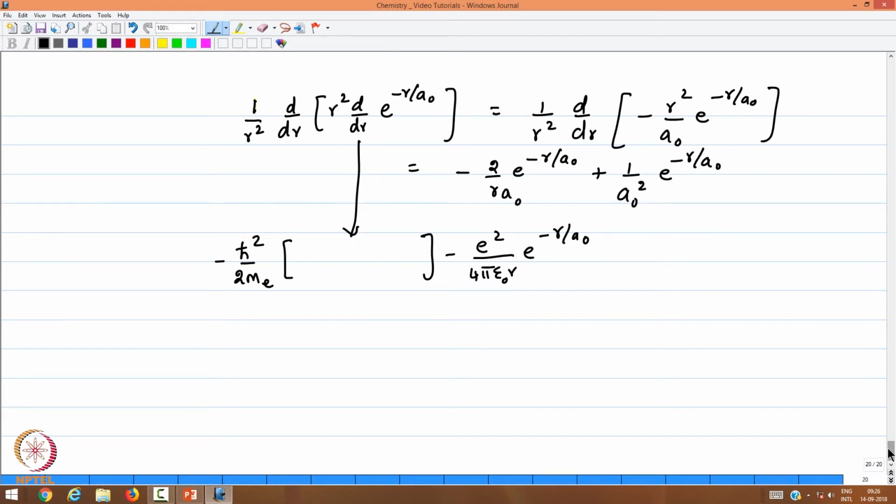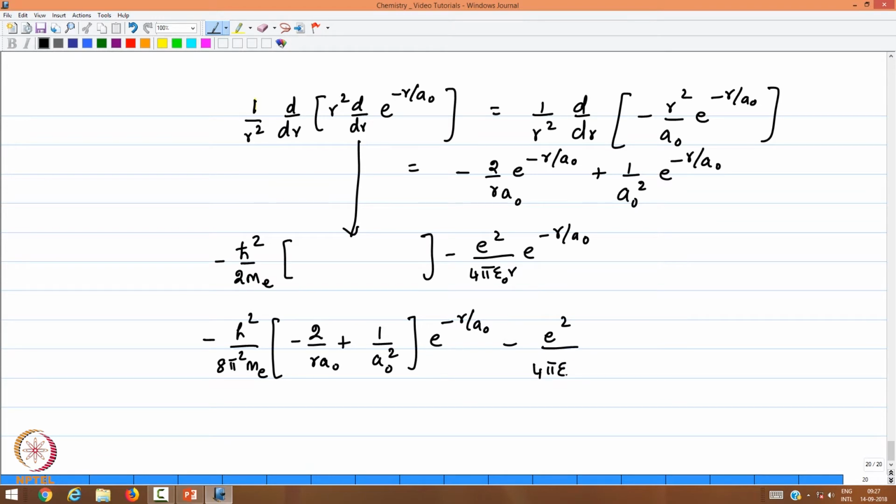And if we substitute that in, we have minus h square by 8 pi squared me times minus 2 by r a naught plus 1 by a naught square exponential minus r by a naught, minus e square by 4 pi epsilon naught r e to the minus r by a naught. Okay.